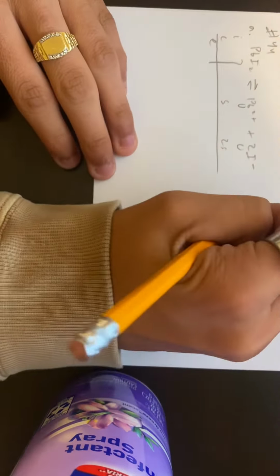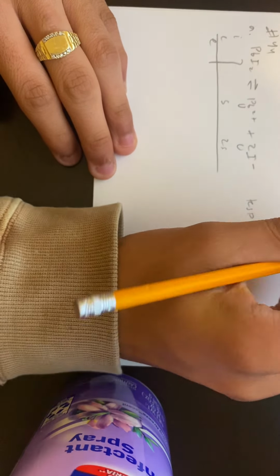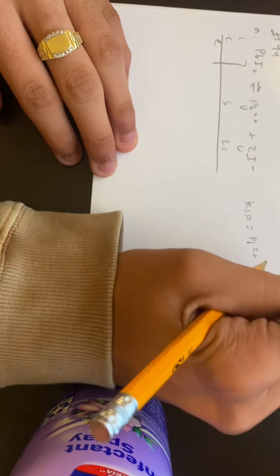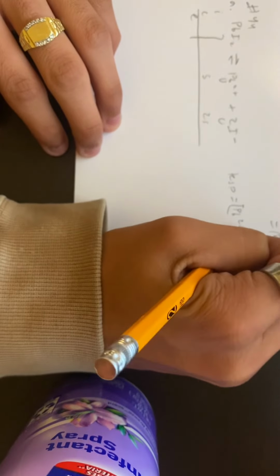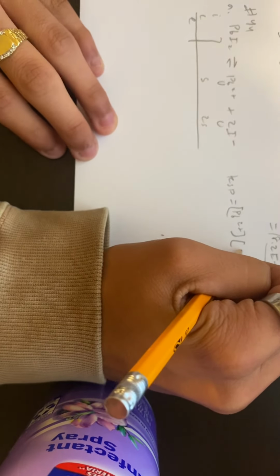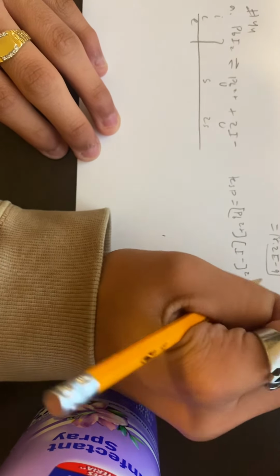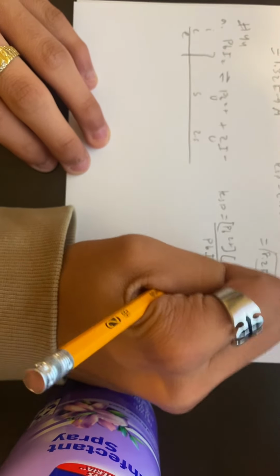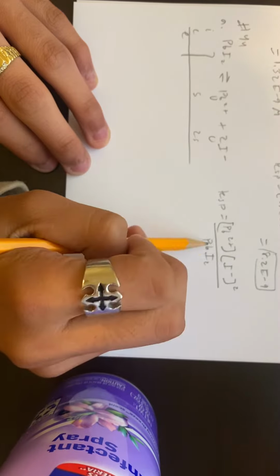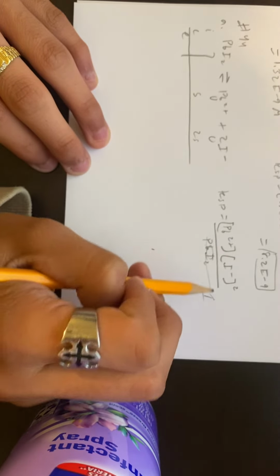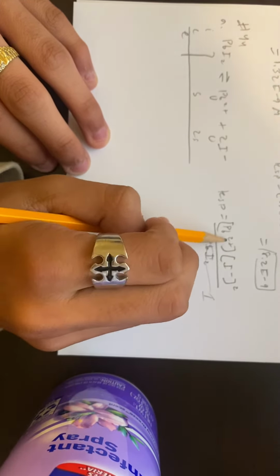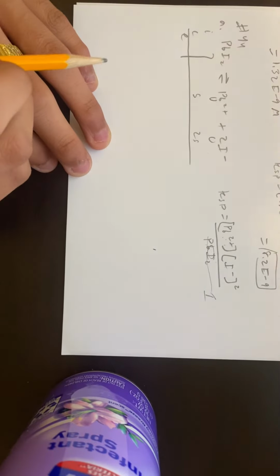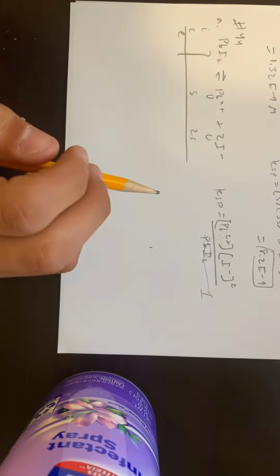So whenever finding the Ksp, it is the concentration of Pb2+ times the concentration of I- squared over PbI2. But since that's a solid, we can get rid of that, so it's just the concentration of Pb2+ times the concentration of I- squared.